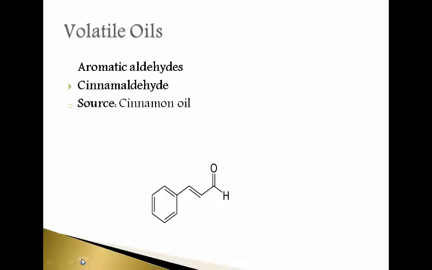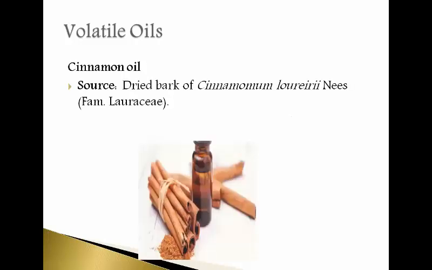So the aromatic aldehyde belongs to this class, and that is here cinnamaldehyde. Cinnamon oil is a rich source of aldehyde volatile constituents, and cinnamon oil is obtained from Cinnamomum zeylanicum, family Lauraceae.